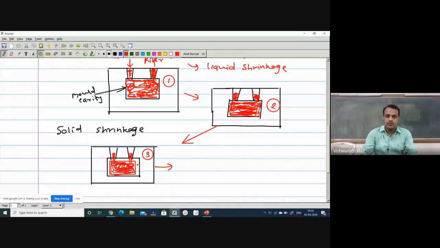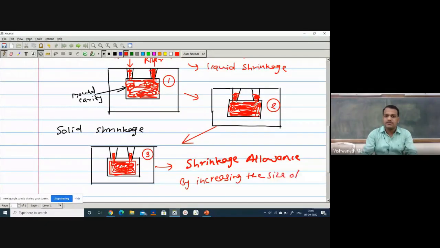We need to provide the shrinkage allowance. And how will we provide it? By increasing the size of the pattern. By increasing the size of the pattern, we will overcome this solid shrinkage. So how to increase the size of the pattern?